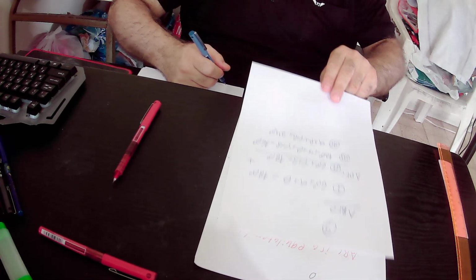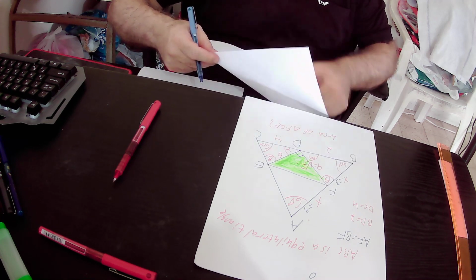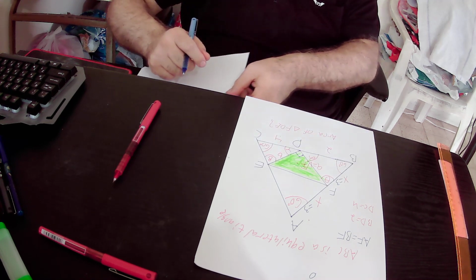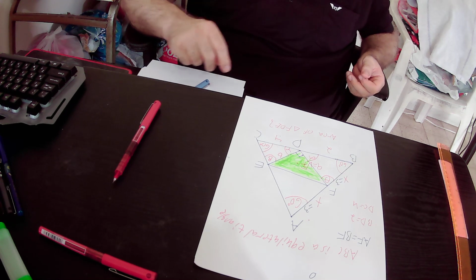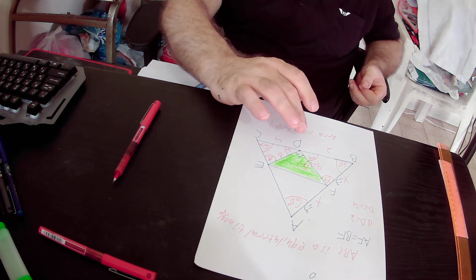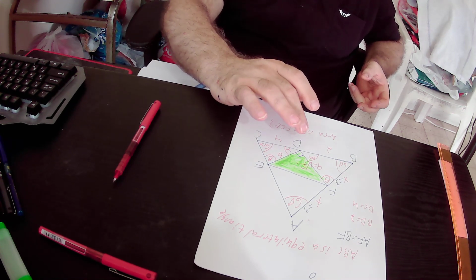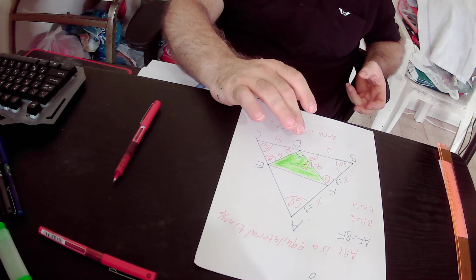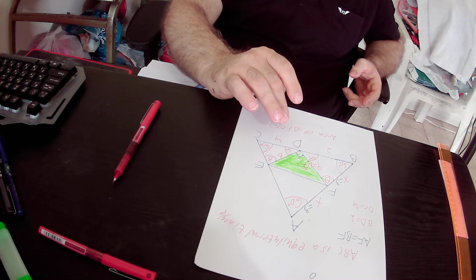Okay, now we'll create the fourth equation, which states that the sum of the angles on the upper side of a straight line or line segment equals 180 degrees.